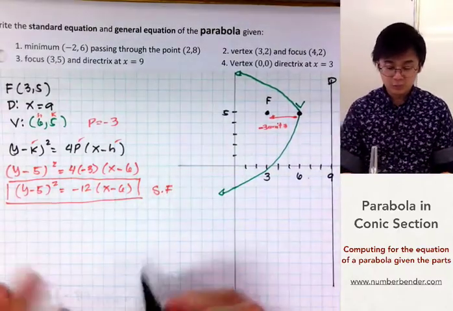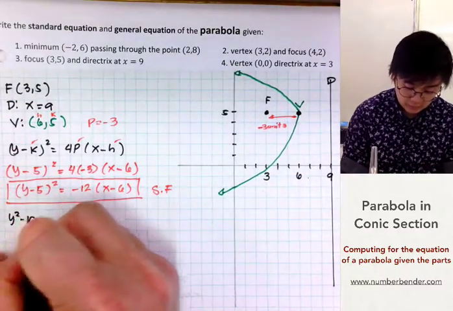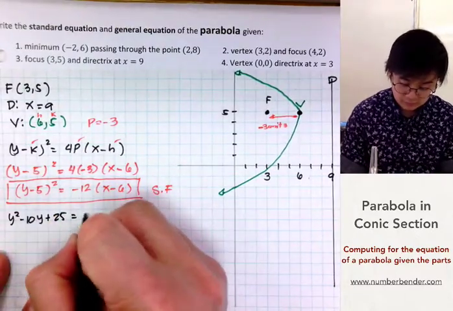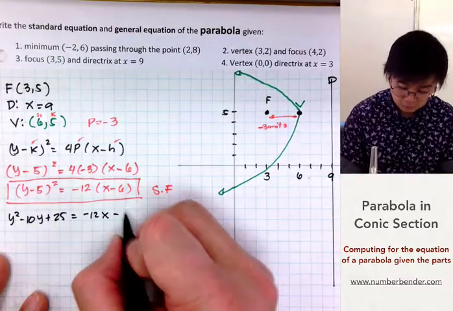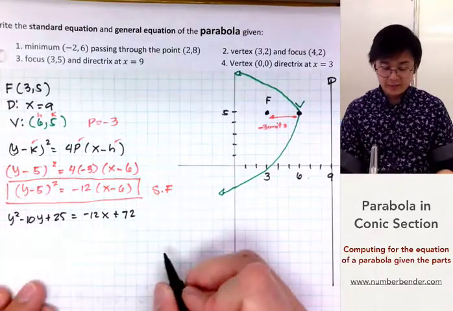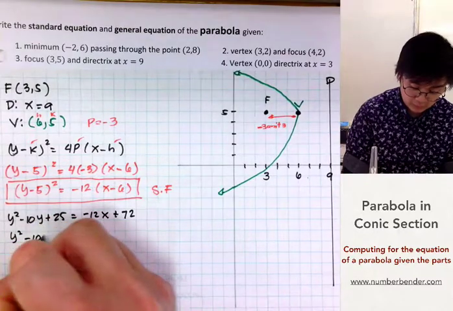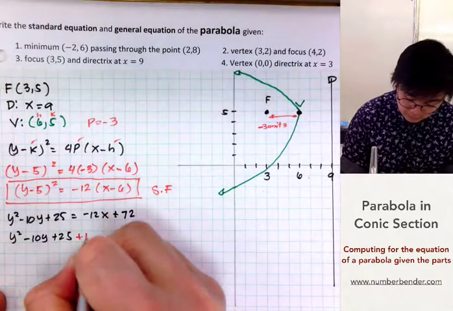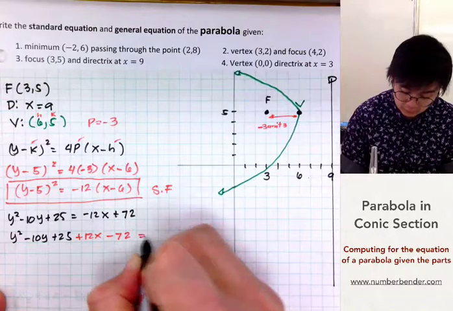And for the general form, we will expand (y minus 5) squared: y squared minus 10y plus 25. Distribute negative 12. 12 times 6 is 72, positive. And by equating it to 0, we'll have y squared minus 10y plus 25 plus 12x minus 72 equal to 0.